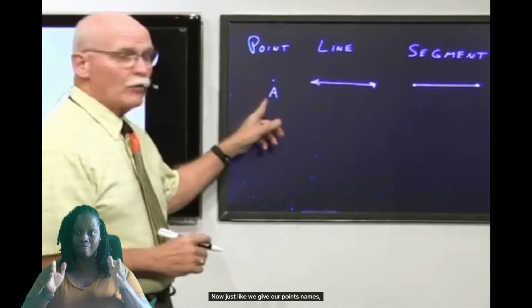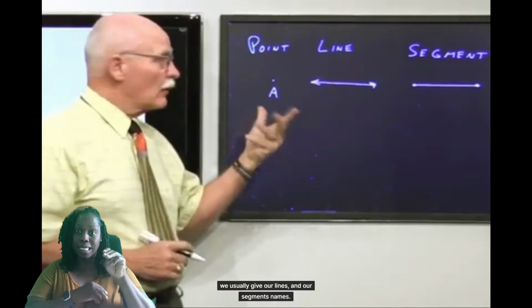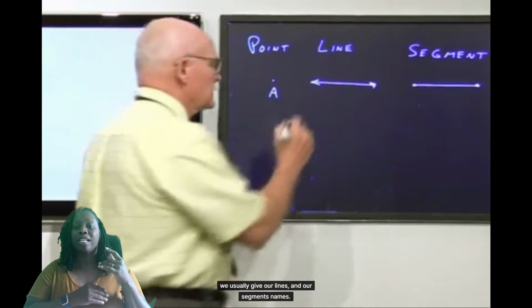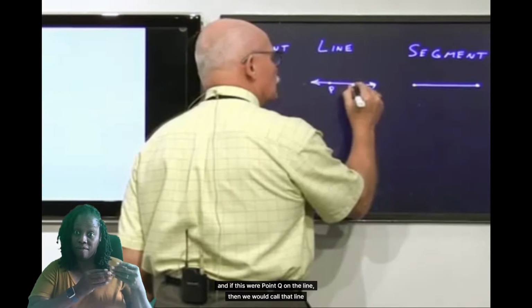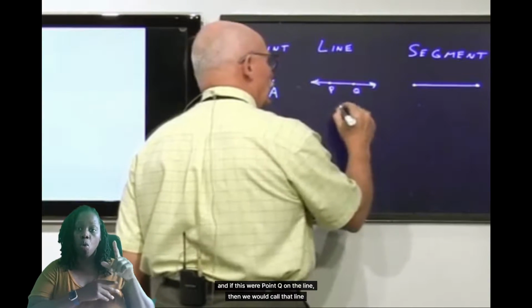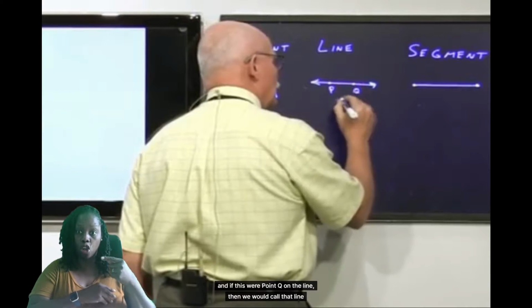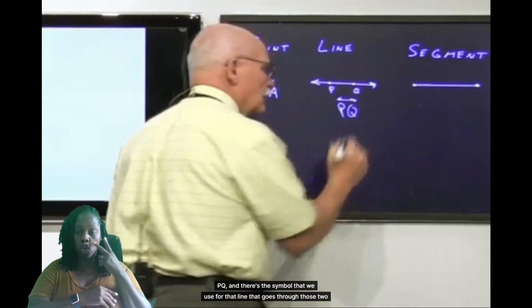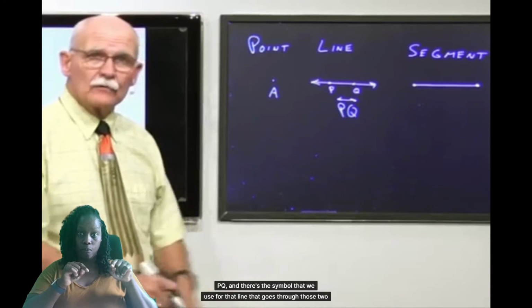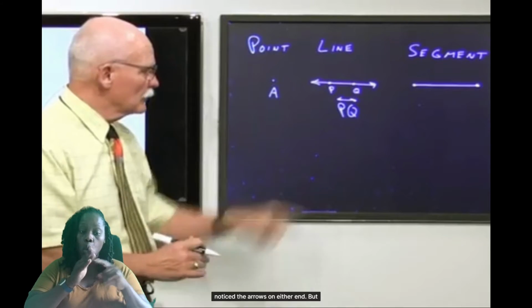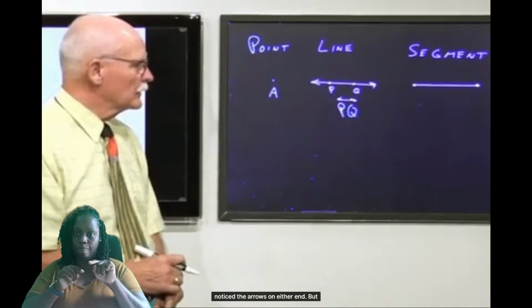Now, just like we give our points names, we usually give our lines and our segments names. If this were point P on the line, and if this were point Q on the line, then we would call that line PQ. And there's the symbol that we use for that line that goes through those 2 points. Notice the arrows on either end.